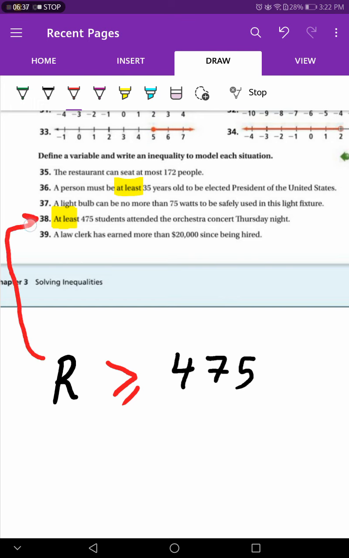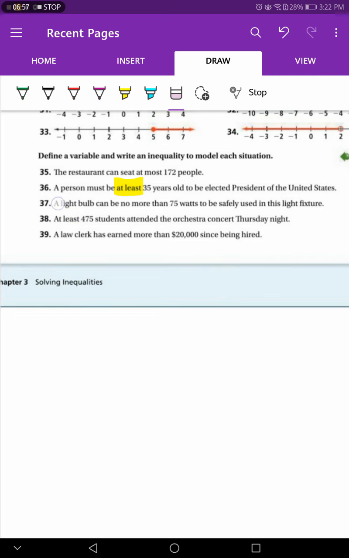Now 39. A law clerk has earned more than 20,000 since being hired. Choose the letter. M, and the number here is 20,000.